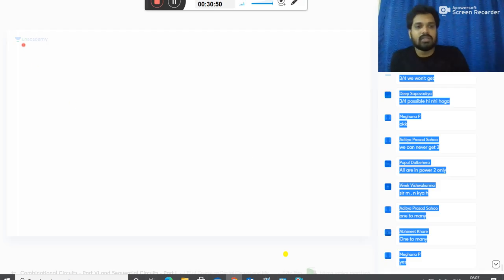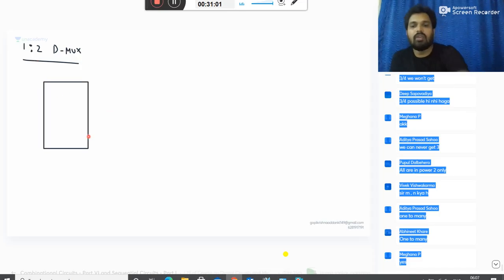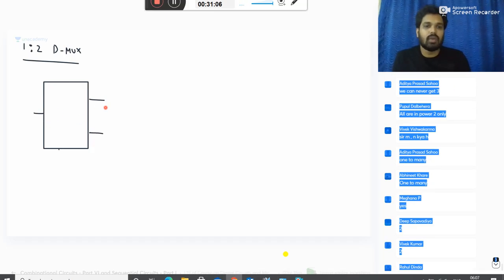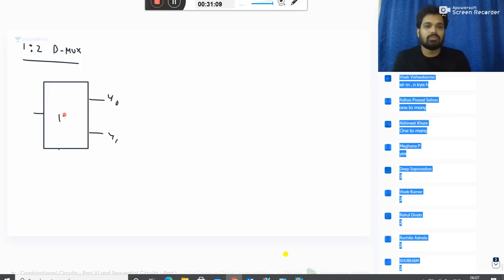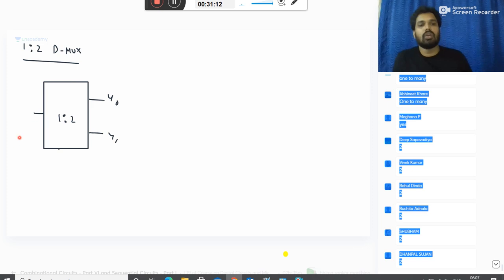So firstly, the basic 1 to 2 demux. What is a 1 to 2 demux? You have a single input, and two output lines, Y0 and Y1.